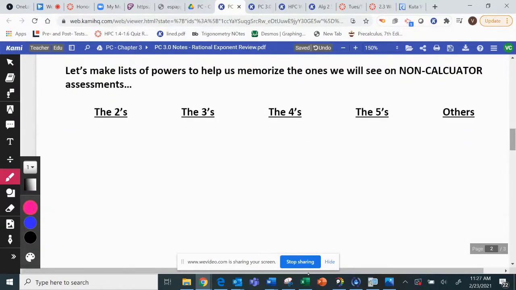So before we actually do any examples, it's helpful to know your powers. And if you don't know your powers, right now is a great time to learn them because it'll make your life so much faster. Well, your math life. So 2 to the 0, 2 to the 1st, 2 to the 2nd.